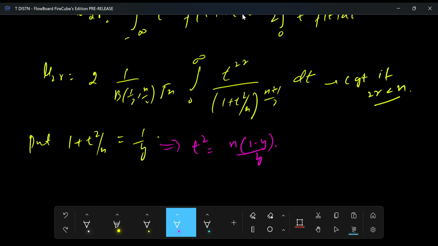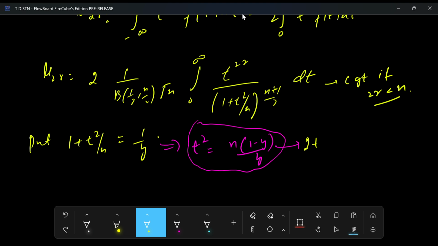Now the challenging task is to differentiate this. Differentiation of t square will be 2t dt, and here this is u by v, so the denominator is v square.